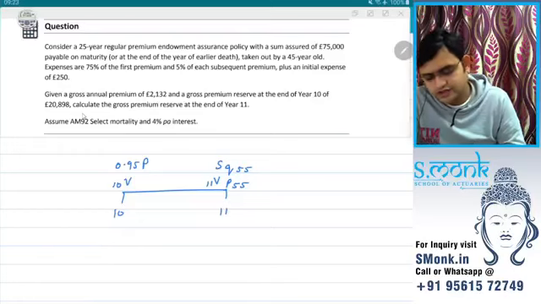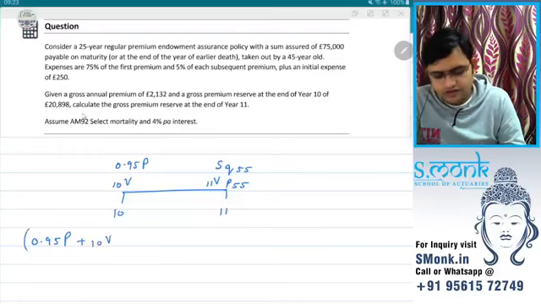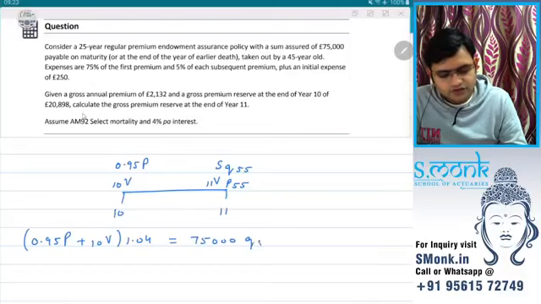Or I'll just make the equation. 0.95 P plus 10V into 1 plus i, that is 1.04, will be equal to sum assured was 75,000, Q55 plus 11V P55.